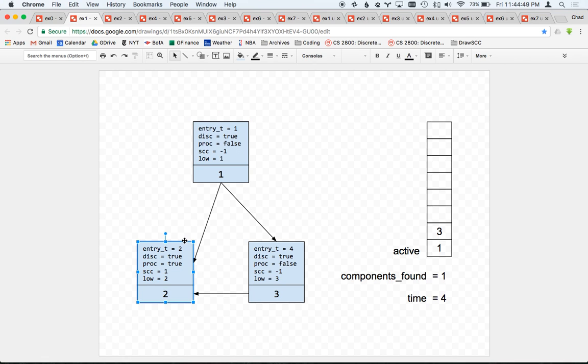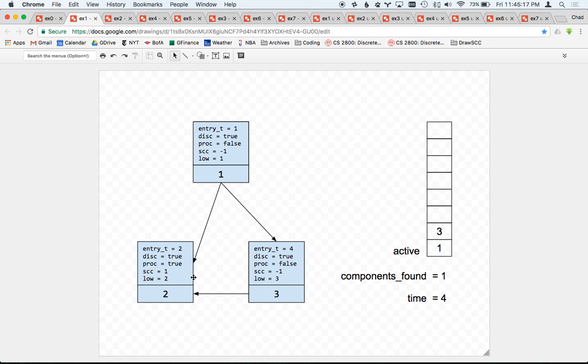So I know that this vertex, because it has been processed, cannot be an ancestor, and yet it has an earlier entry time. If it has an earlier entry time and it's not an ancestor, then it has to have some kind of brother-sister relationship, or maybe some kind of cousin or second cousin relationship, not a direct ancestor or a direct descendant. Hence we call it a cross edge.